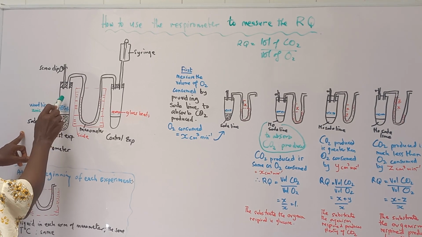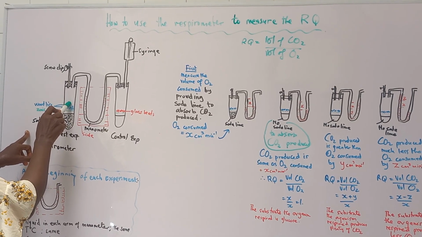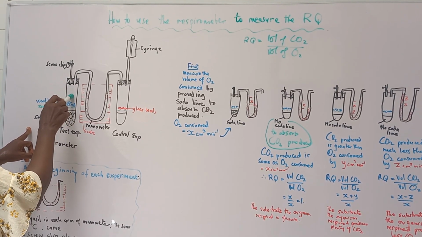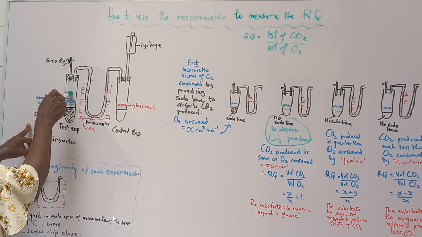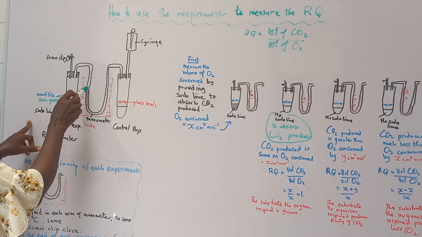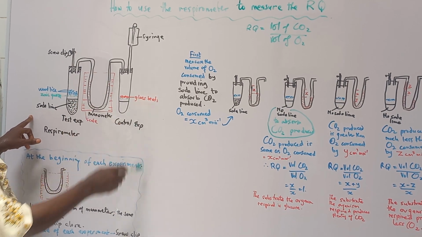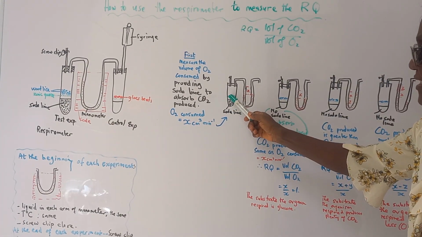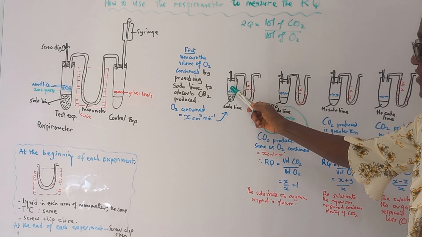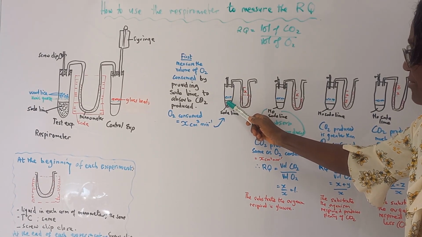So the oxygen consumed for respiration will reduce the pressure here. So if the pressure here reduces, then the volume here will move up and the pressure here down. Woodlice consume oxygen for respiration and produce carbon dioxide.